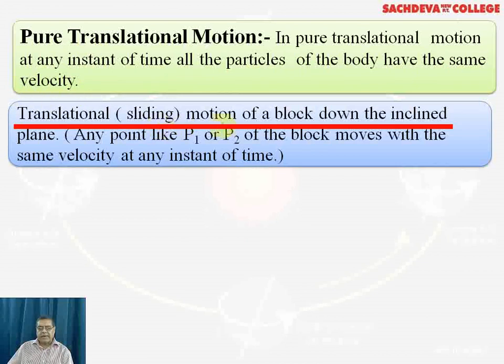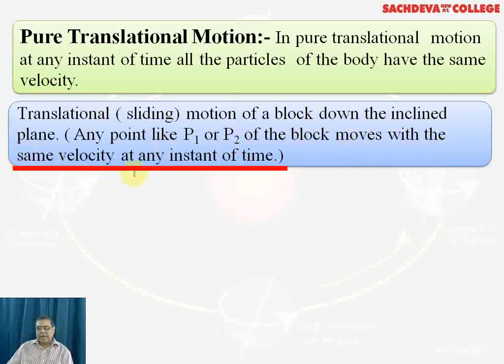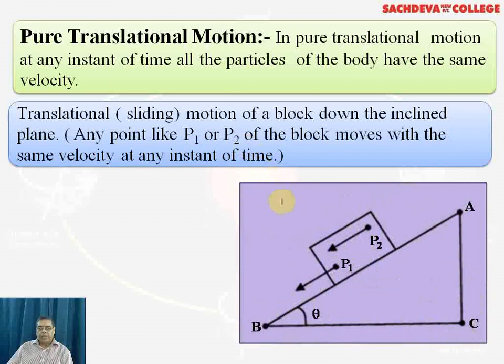In the translational or sliding motion of the block down the inclined plane, any point like P1 or P2 of the block moves with the same velocity at any instant of time. Therefore, whatsoever is the velocity of the block, the same will be the velocity of the particles of that block. We have selected the particles P1 and P2. Again, the figure is being shown.